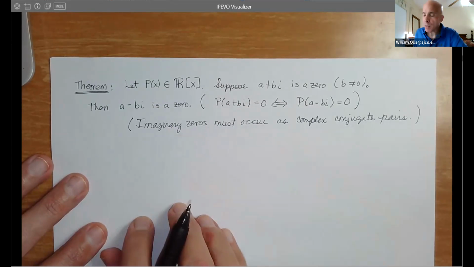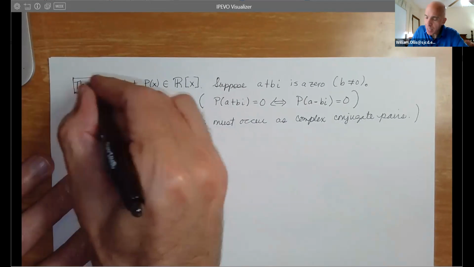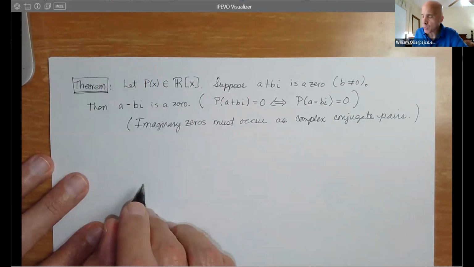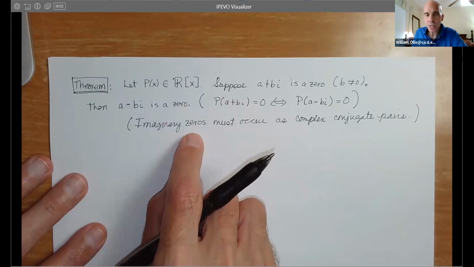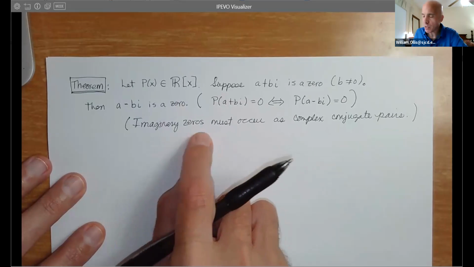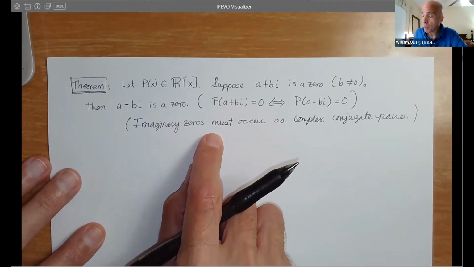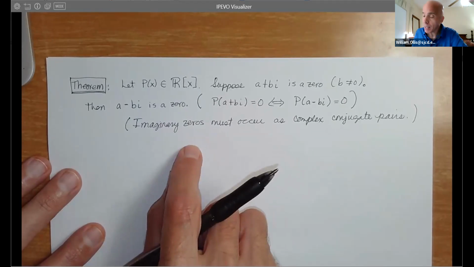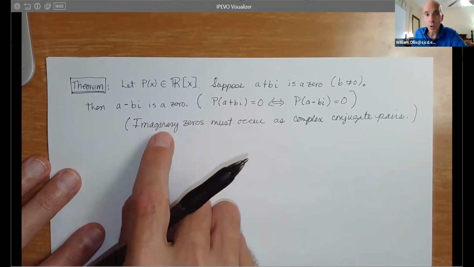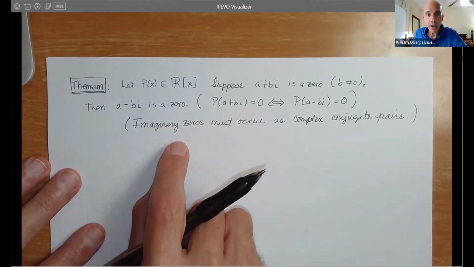So that's something you learned about in college algebra. Now, using the properties of conjugation, you can actually effect a very straightforward proof of this. It's not difficult. But what's nice, at least at this point, is that we always get an even number of imaginary zeros for real polynomials.